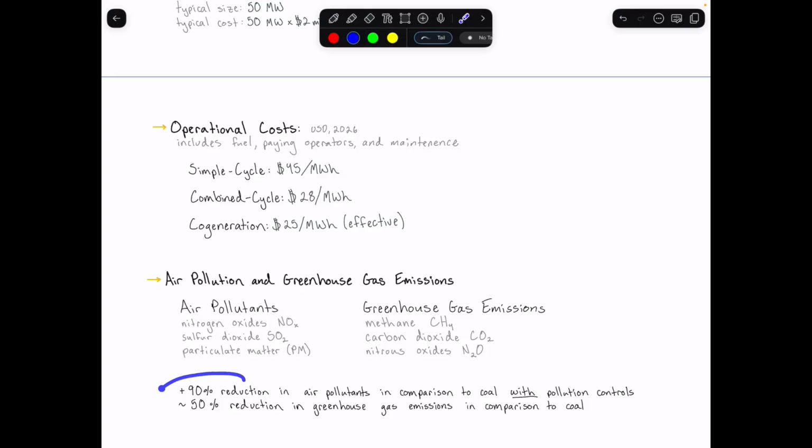So these numbers are just at the power plant level, but if we look at the full natural gas supply chain, if those pipelines are not well maintained, they can actually have very significant greenhouse gas emissions. That's from the overall natural gas standpoint, or the overall supply chain standpoint, not just the power plant itself.